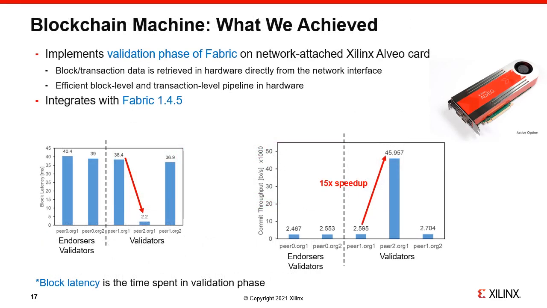In this slide, we'd like to pass on a message that the blockchain machine is very efficient. The experiment shows a 15 times speedup. Although the results relate to different testing cases, we usually see around 10 times performance gain through offloading the validation phase onto the SmartNIC hardware.